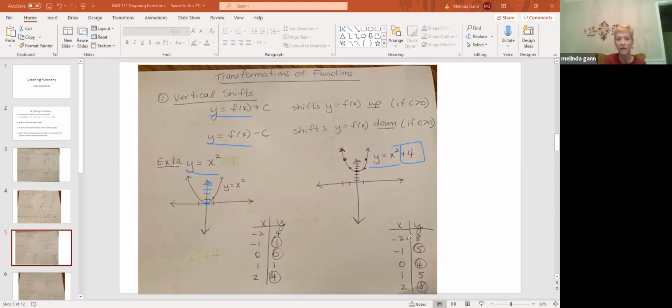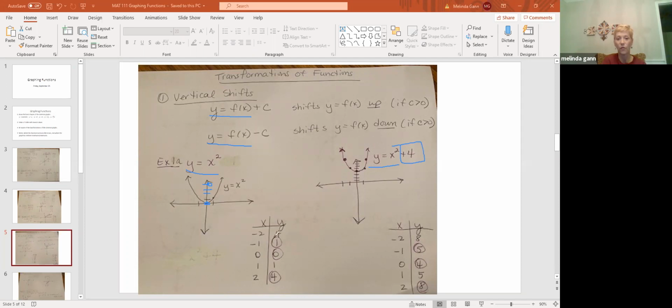And see, sure enough, if you go over here and you plug 0 into this graph, 0 squared plus 4 is 4. So instead of getting the point 0, 0 on this graph, we get the point 0, 4 on that graph. Look, just like I said, it's 4 up. So this one, where I have -1 here and I got 1, this one's going to be -1. It's going to shift it up 4.